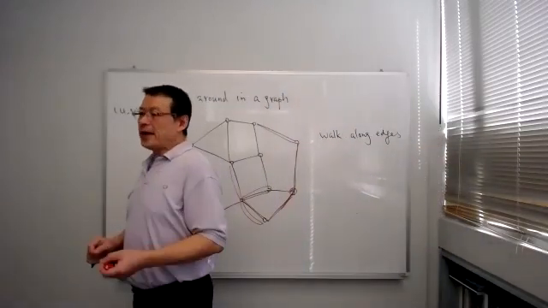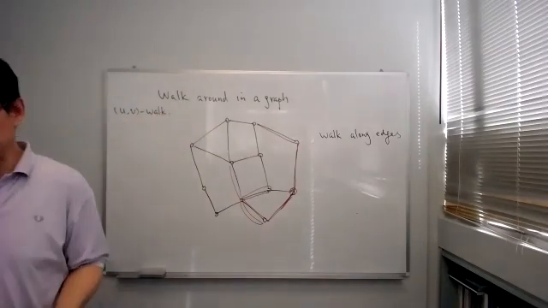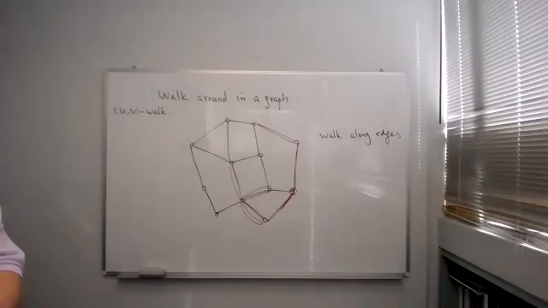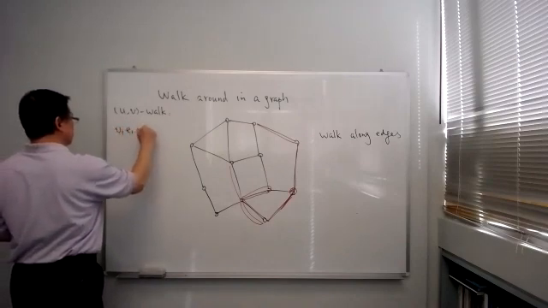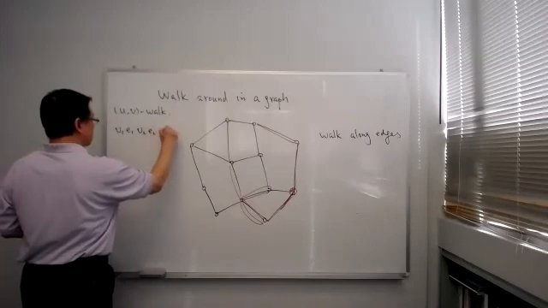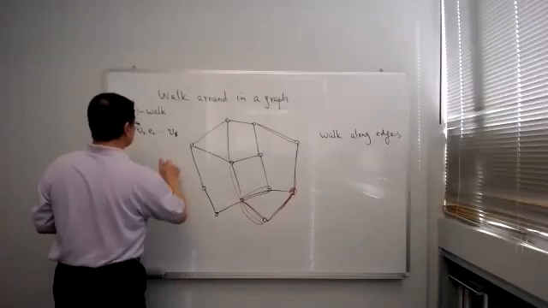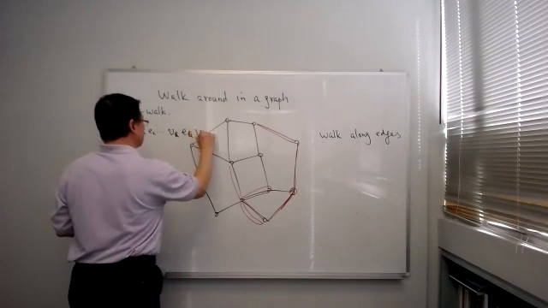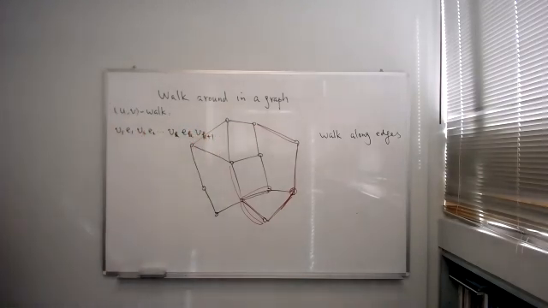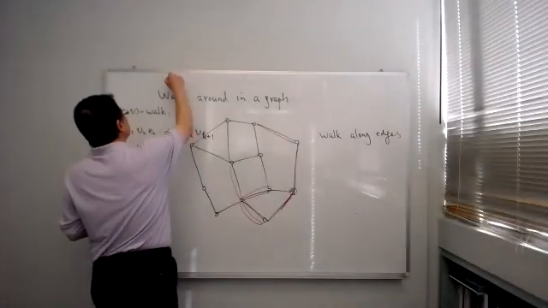All right. So mathematically, it's a sequence. That's a sequence, an alternating sequence of vertices and edges. So that's why it's alternating.